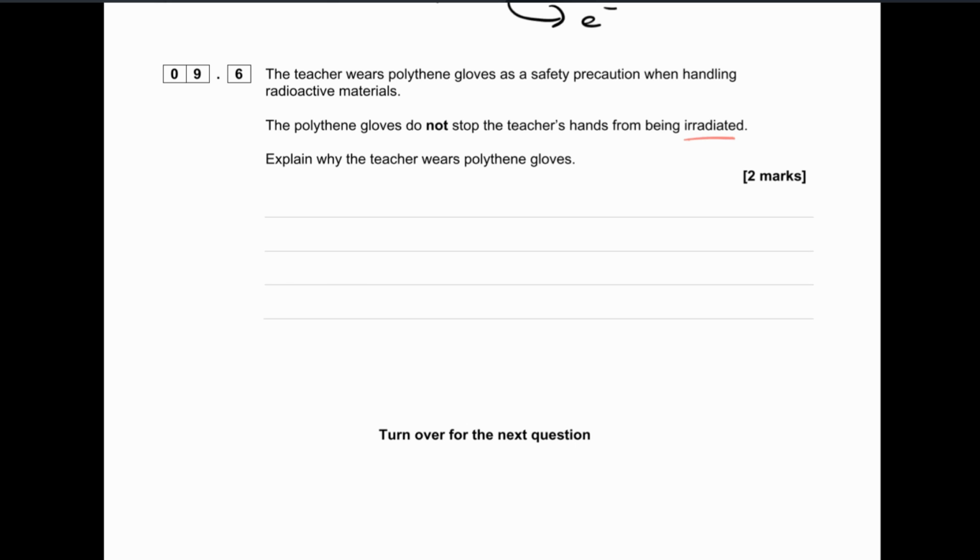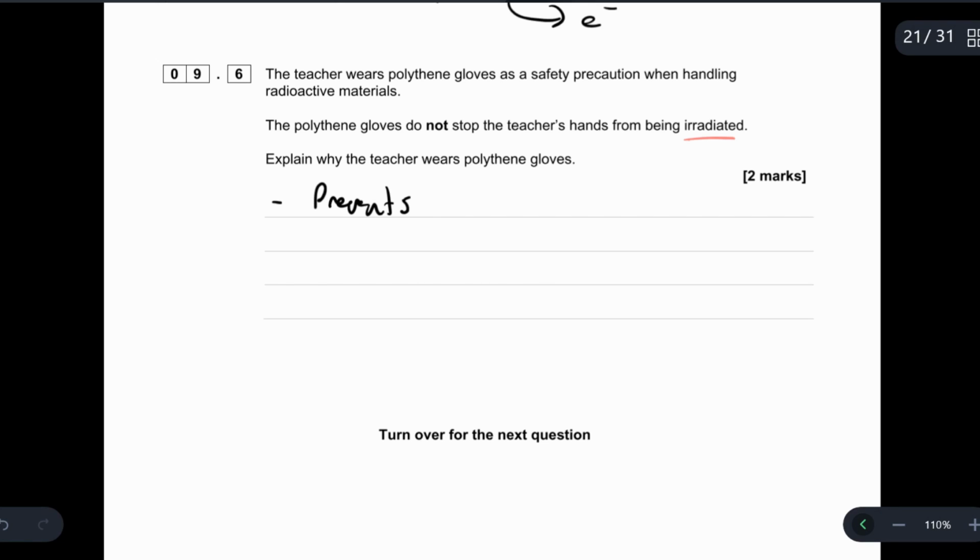And so essentially, that's exactly the point we're making here, is that we don't want the radioactive material to transfer to the teacher's hands. So it prevents radioactive material on the teacher's hands. So essentially, what you need to understand is that even though the teacher's hands are being irradiated, that's not really the issue here.